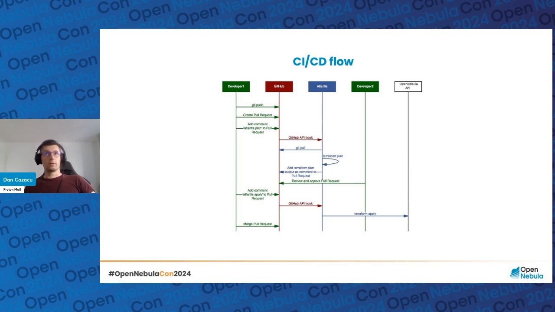Basically, the user has to add a comment, atlantis plan, and it will send via GitLab or GitHub, depending on you, an API hook to Atlantis, which will pull your merge request and return a plan to the user. This is done in real time in GitLab. If the plan is okay, you can seek approval, and as soon as approval is given, you can proceed, or not.